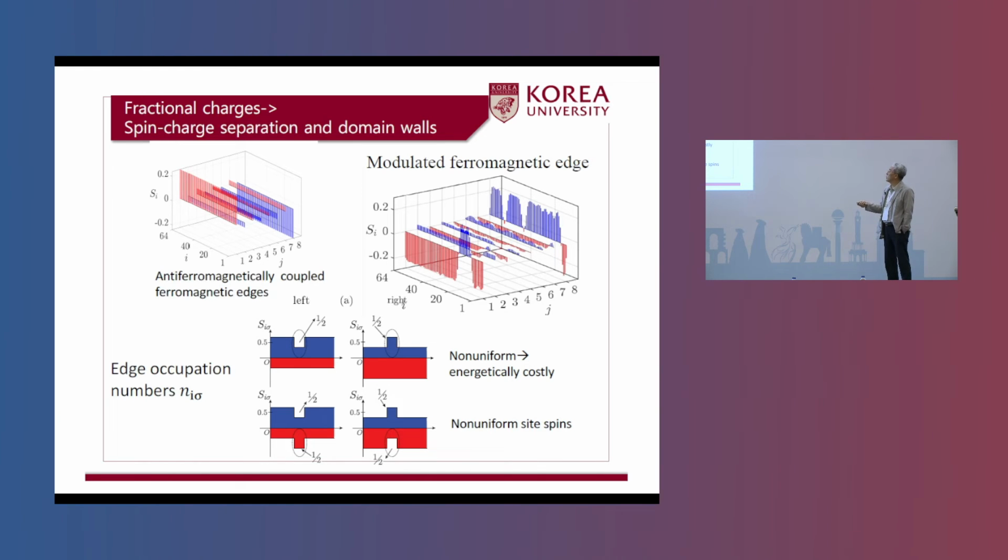So what you can do is move fractional charges from the right edge to the left edge. Then density is more or less uniform, but then spin is no longer uniform. If you add these two densities, you will see there is a bump here. So transfer of fractional charges is very important.